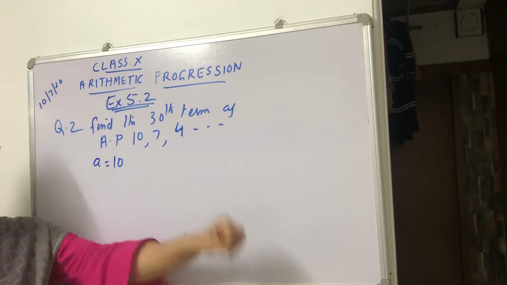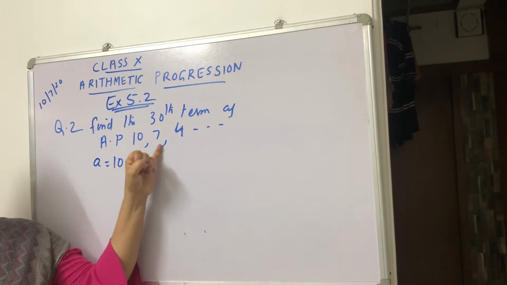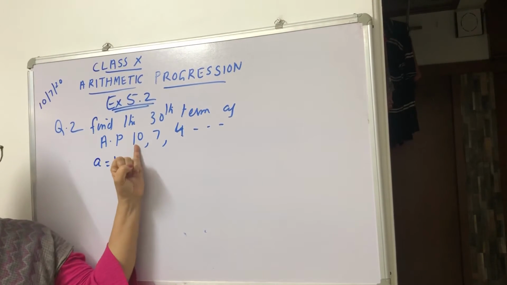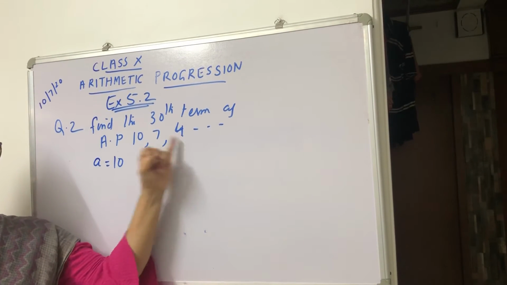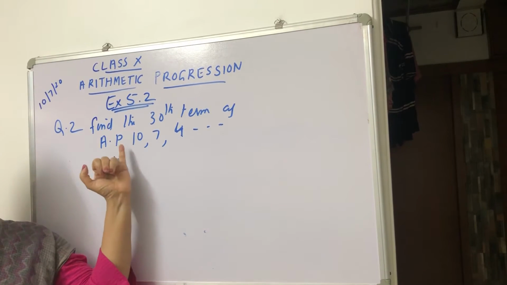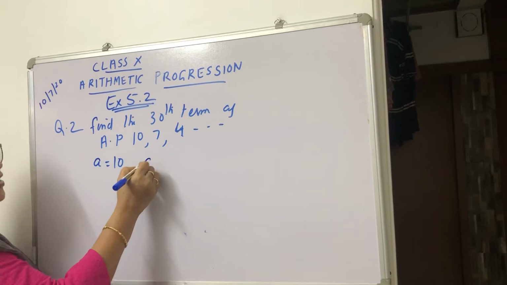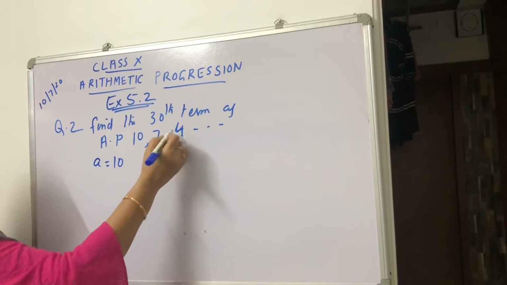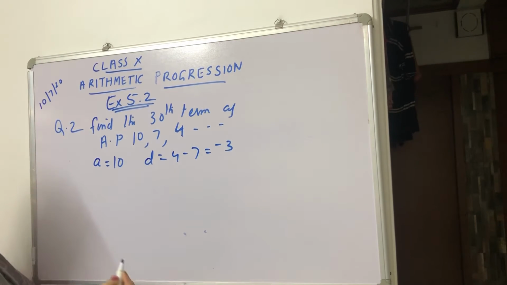Then you have to find d. How will you find d? There are 3 terms given, a1, a2, a3. So you can do a3 minus a2, or a2 minus a1. Here I am taking d is equal to 4 minus 7, that is minus 3.